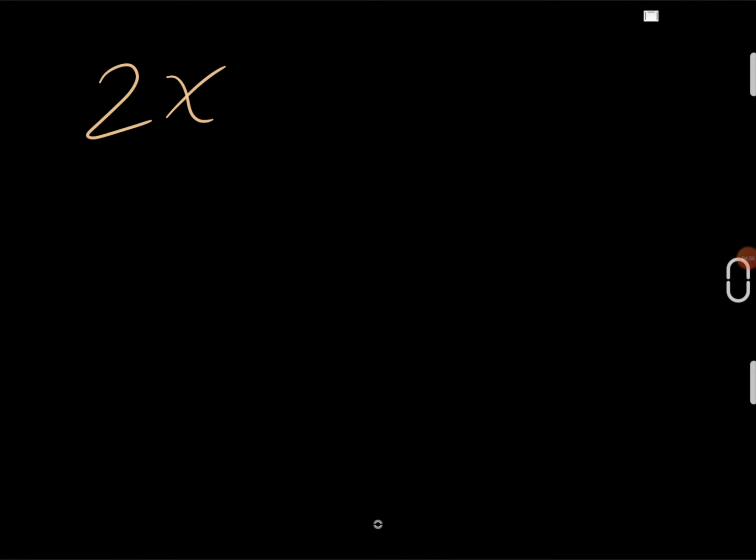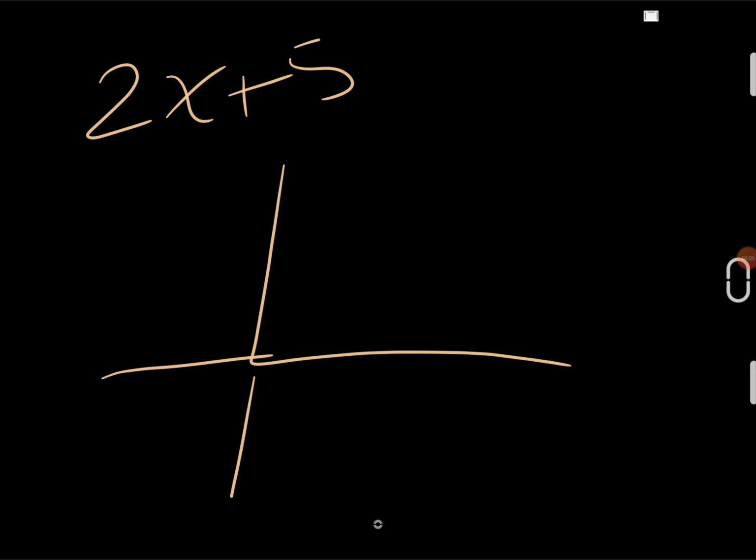For example, if my equation is 2x plus 5, I can actually show it in a graph. I don't know whether you have studied graphs, but a graph is basically a place where you can show a shape. So this 2x plus 5 is like this.